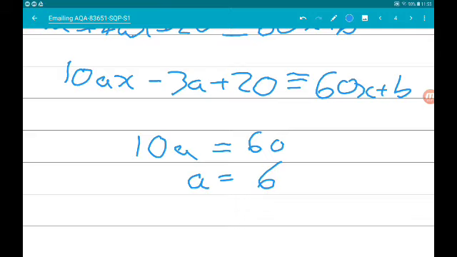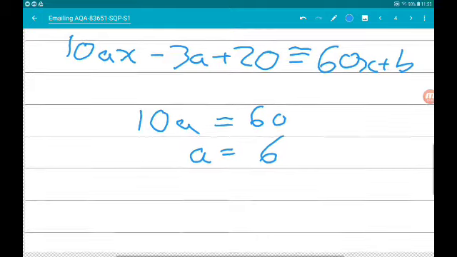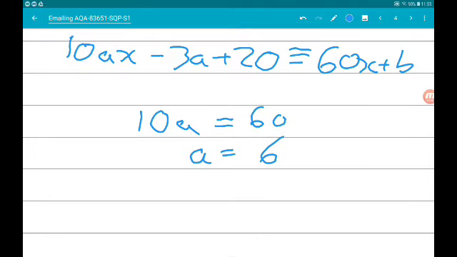Now that we know what a is, we know on the left hand side that we've got 60x minus 3a. So minus 3 times 6 is minus 18. Add 20. So we've got plus 2 now.